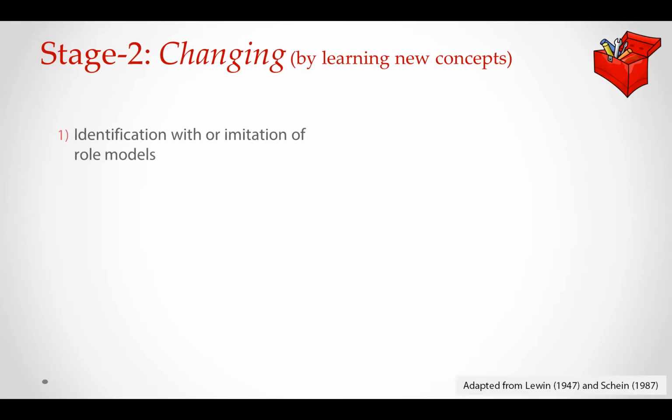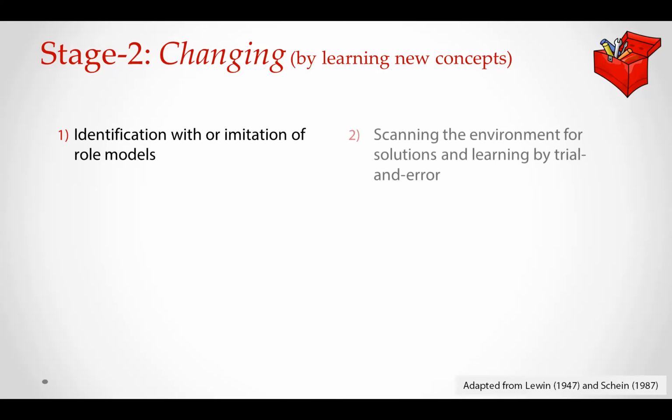So two ways in which you can change. One is you identify with or you imitate some role model, right? So the organization provides certain role models who stand out for the kind of behaviors, the kind of attitudes, the kind of competence one needs to have in order to be able to survive or thrive in the workplace or the organization of tomorrow, right?